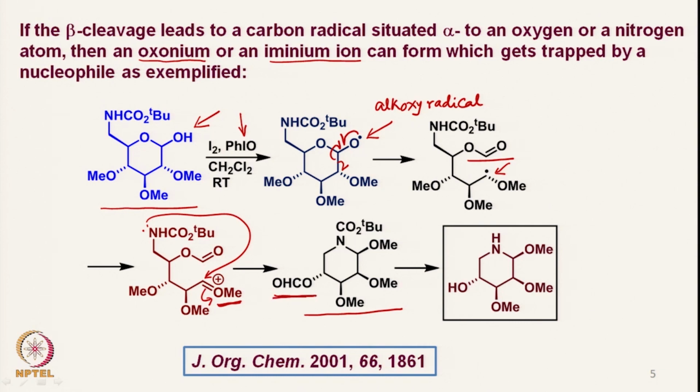Now this can be hydrolyzed under basic conditions or under reductive conditions, and we can release the corresponding protection on the nitrogen, and also this formate can be hydrolyzed or reduced to the corresponding hydroxy group. So this is an example of a beta cleavage followed by the trapping of the generated oxonium ion to form a piperidine analog, which is basically a glycosidase inhibitor.